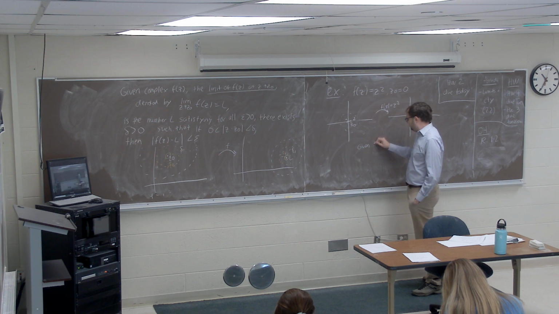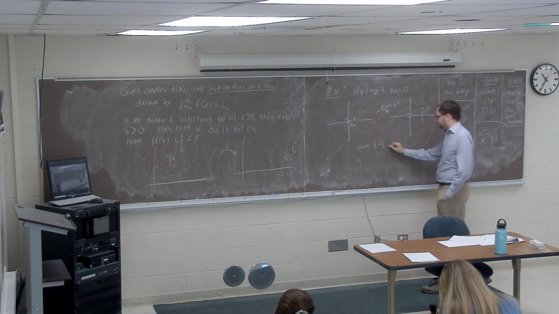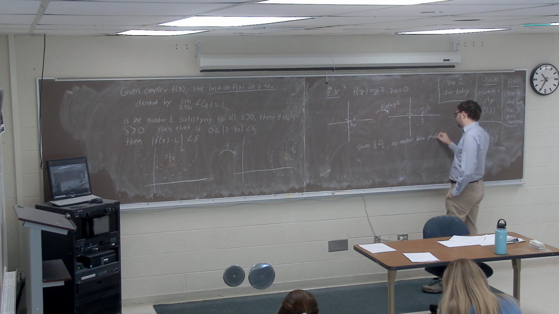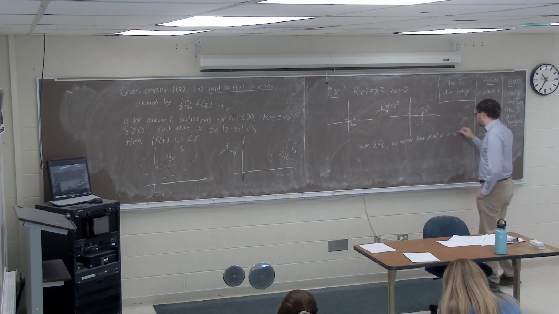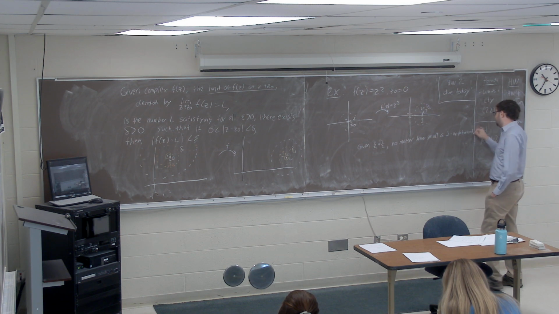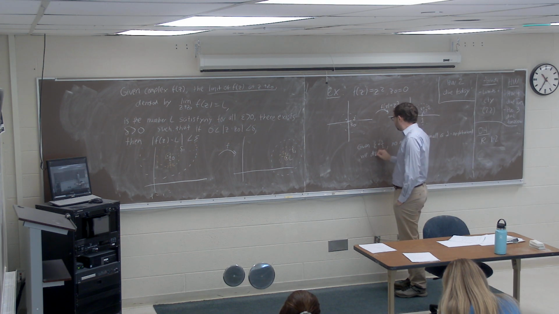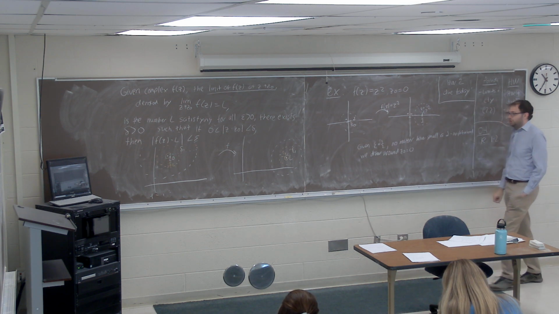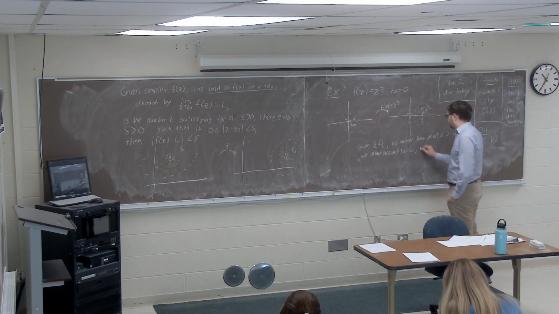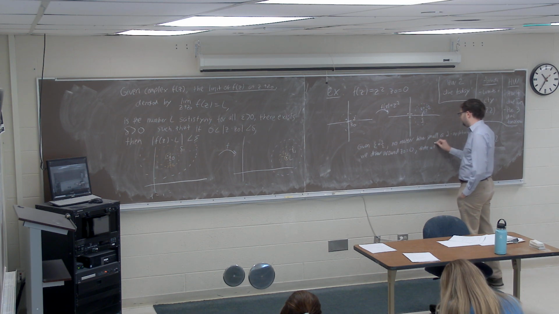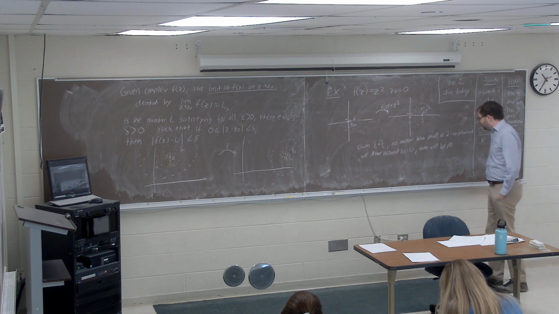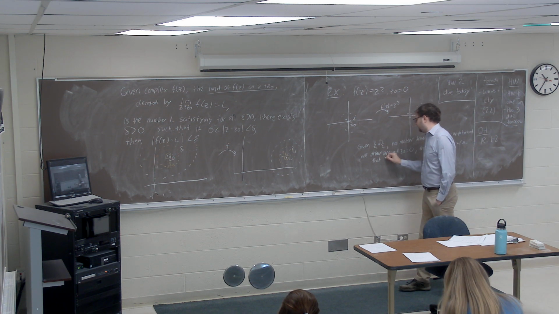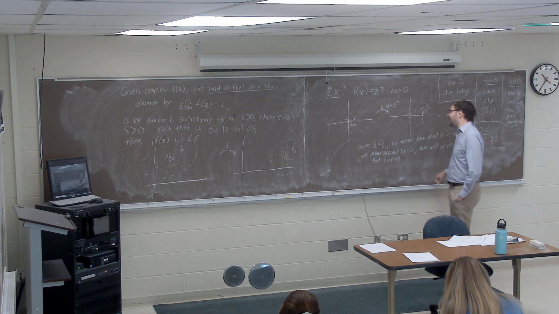So given epsilon equals 1/2, I would say, in this picture, no matter how small a delta neighborhood we draw around z naught equals 0 in our original picture, there will be points within that delta neighborhood mapping to outside of our epsilon neighborhood.